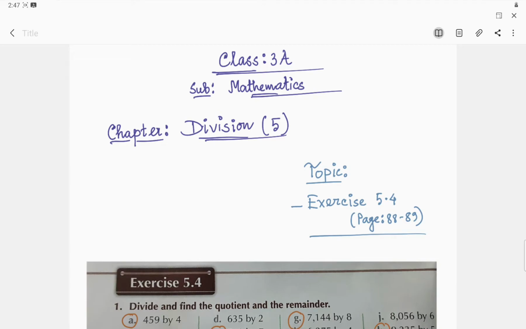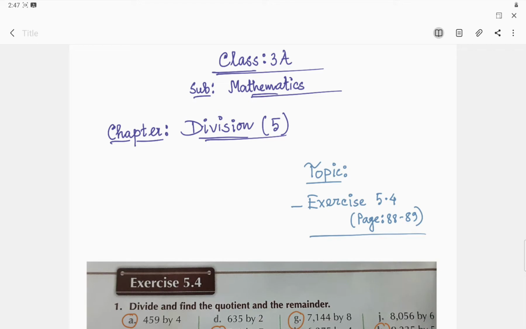Today I have come up with a new exercise that is on page number 88 in the chapter Division. Here we will learn the division of a 3-digit number by a 1-digit number and the division of a 4-digit number by a 1-digit number.